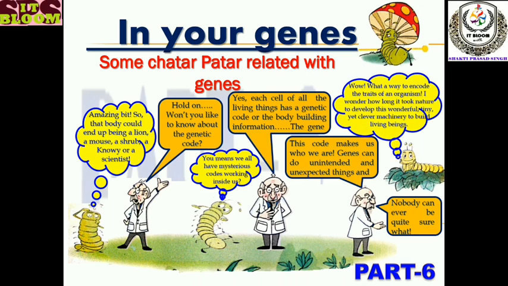Wow, what a way to encode the traits of an organism. Wonder how long it took nature to develop this wonderful thing, tiny yet clever machinery to build living beings. So that's why machinery cannot produce living beings, right? Move further.